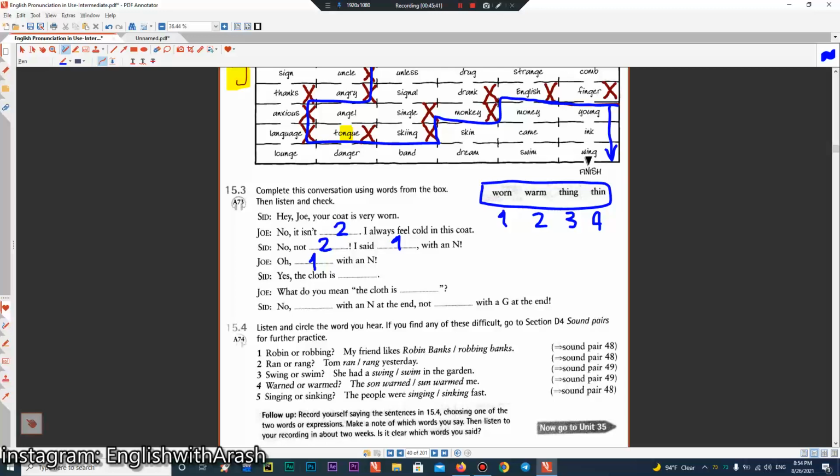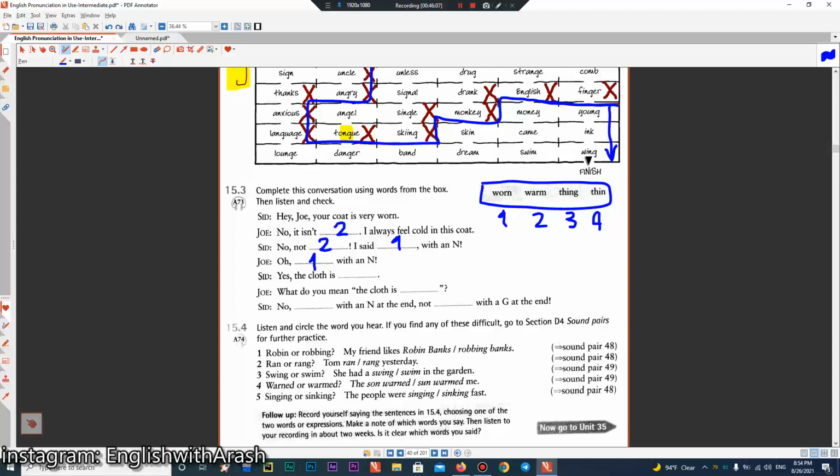The cloth is thin or thing? Good. Now it says thin. Sid says the cloth is thin. But then Joe doesn't understand again.